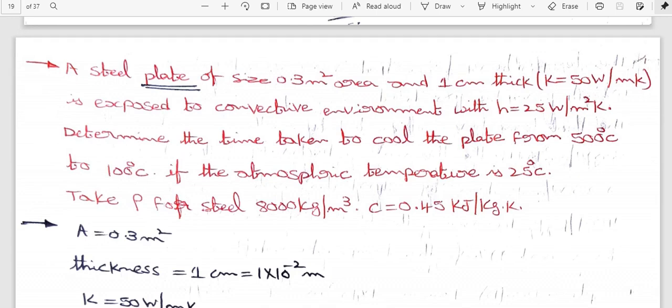From the transient conduction equation, first of all we need to read this question. A steel plate. So what is the component?